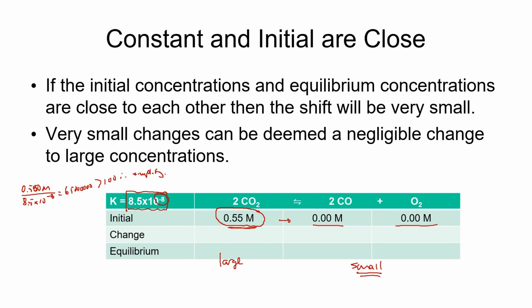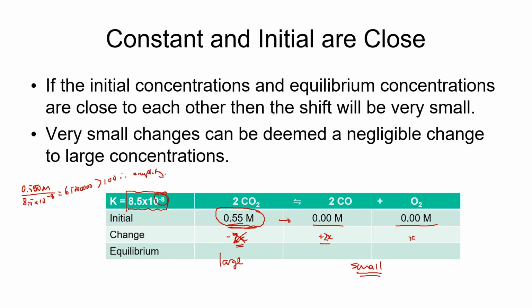So this is a small change, and that means that this minus 2x here will be really tiny, and these plus x's, that's a 2x, plus x's will also be very small. So the simplifying assumption we can make here is that if we have a larger value and we're changing it by a teeny tiny amount, we can ignore the change to the large value.